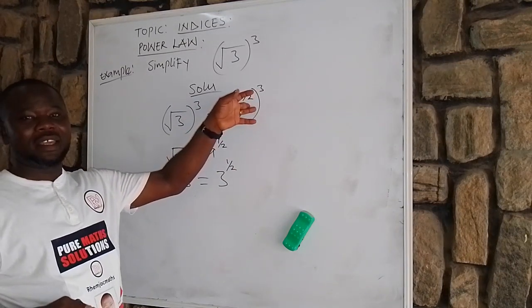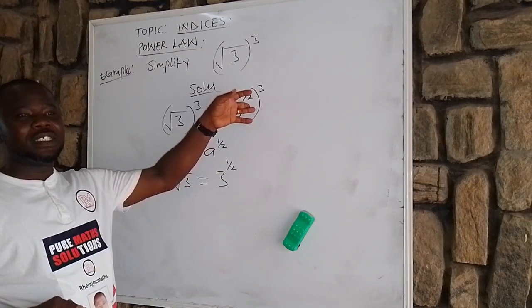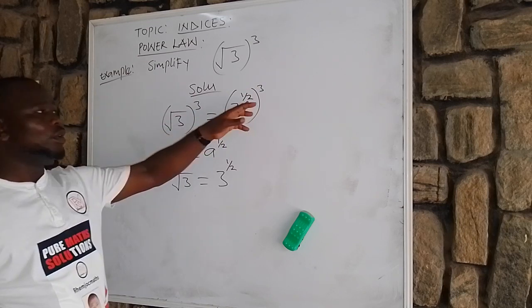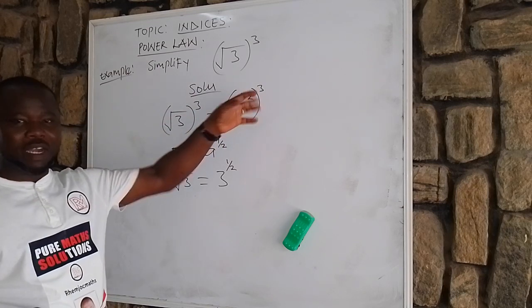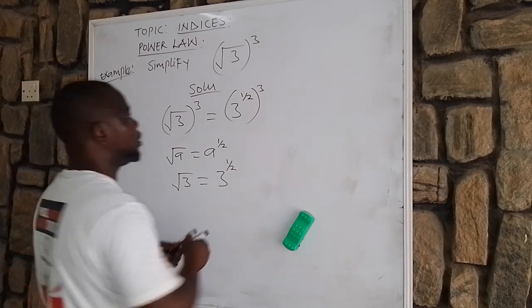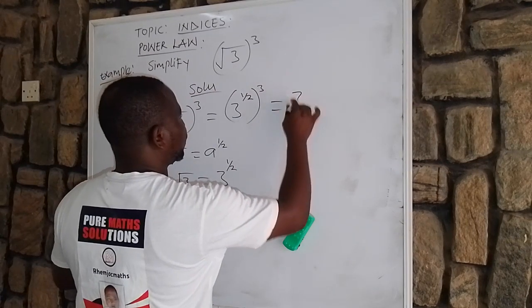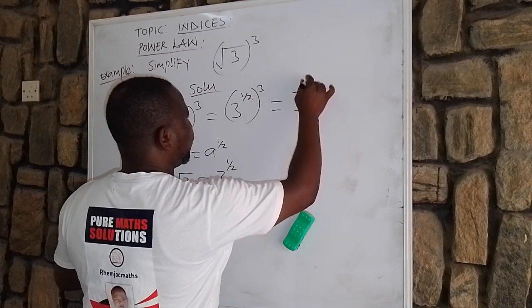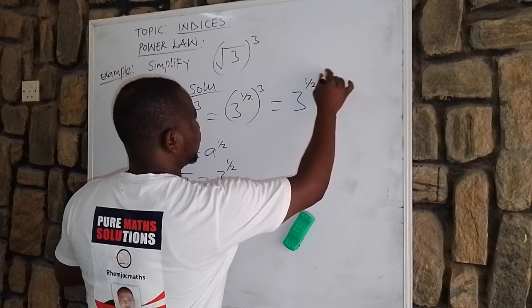So now, this particular problem, we have transformed it into power law, where we can use power law to simplify this problem. Please take note of all this. So this is equals to 3 raised to the power of 1 all over 2 times 3.